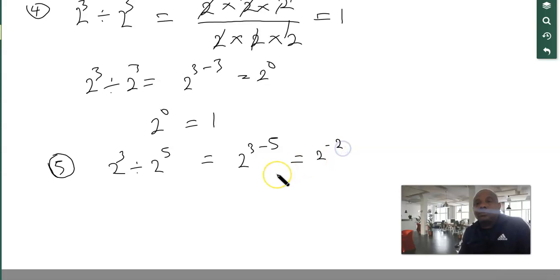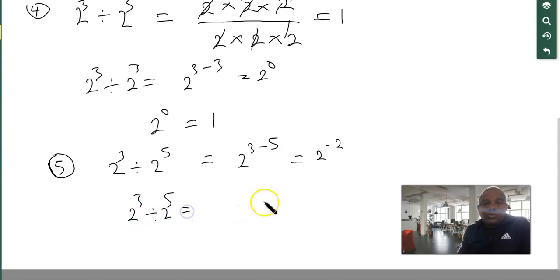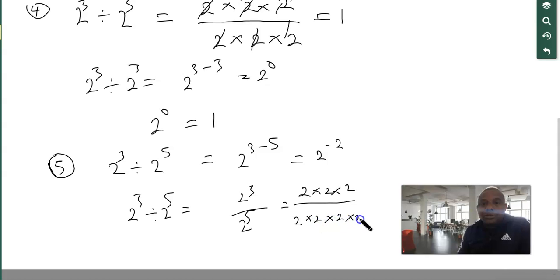minus 2. But if you say 2 raised to 3 divided by 2 raised to 5, to mean 2 raised to 3 over 2 raised to 5, which is equal to 2 times 2 times 2 all over 2 times 2 times 2 times 2, so if you cancel out, this cancels this one is 1, and this cancels this one is 1.